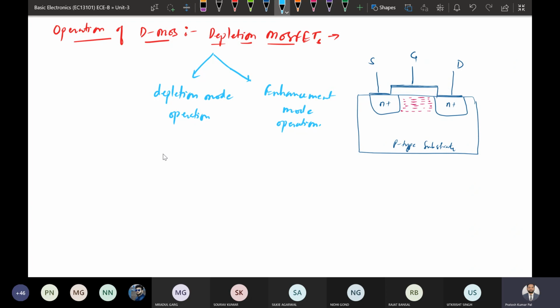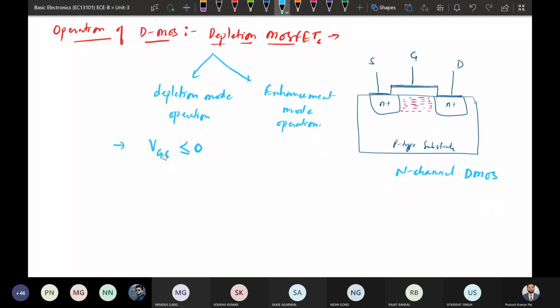For depletion mode operation, suppose we have an n channel depletion MOSFET. If we need to operate it in depletion mode, the gate to source voltage should be less than or equal to 0. That means we need to apply the gate to source voltage in the negative direction.